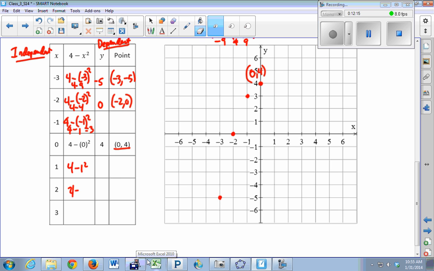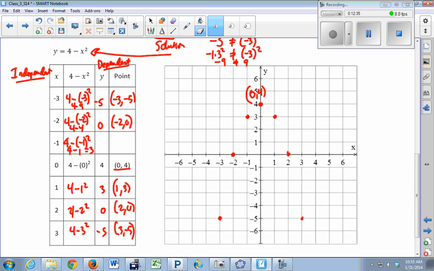And if you do your calculations out, you'll notice you'll get exactly the same values as you did a few minutes ago for each of those points. So we have 1, 3, 2, 0, and 3, negative 5. Okay, so again, I'd like you to label these points on your graph.